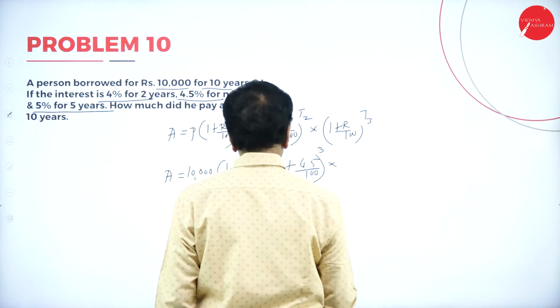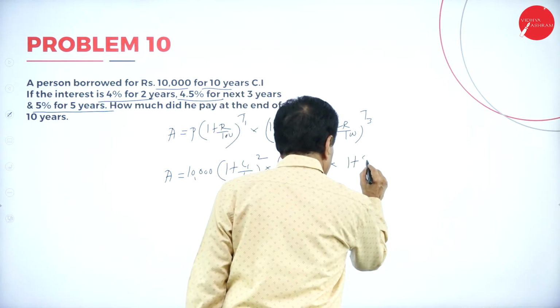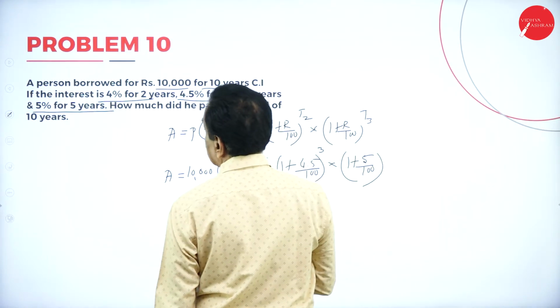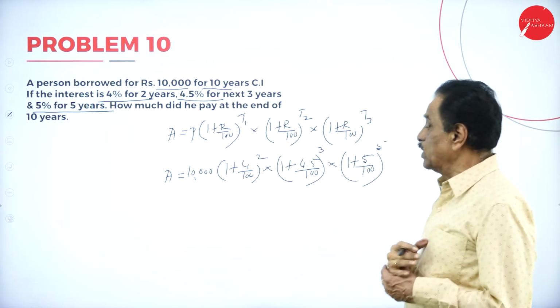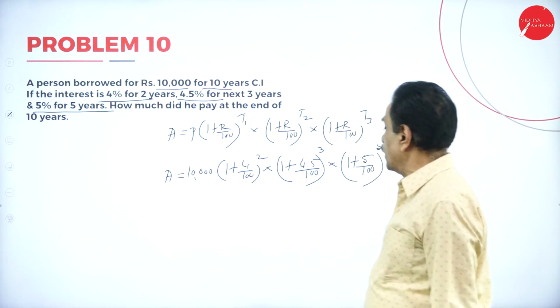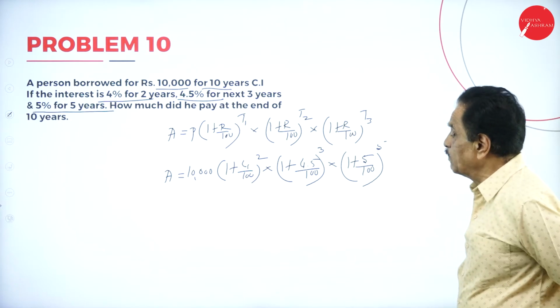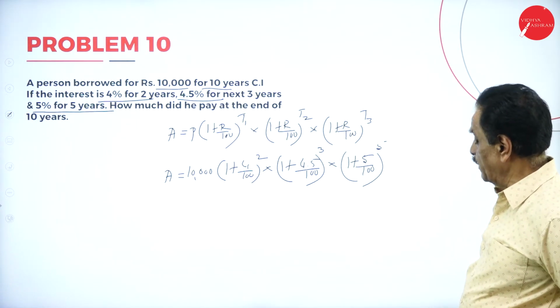Into 1 plus 5 by 100. How many years? 5 years.